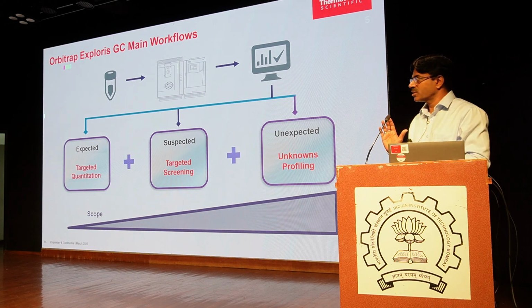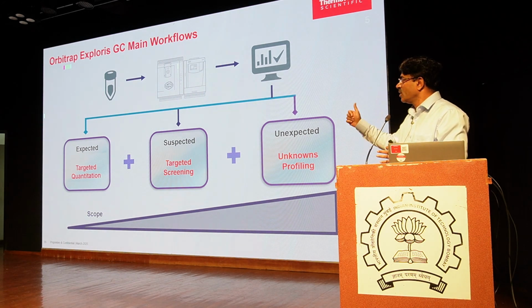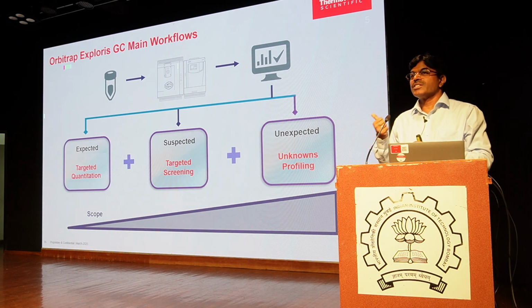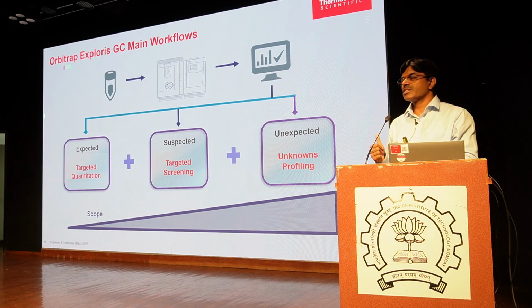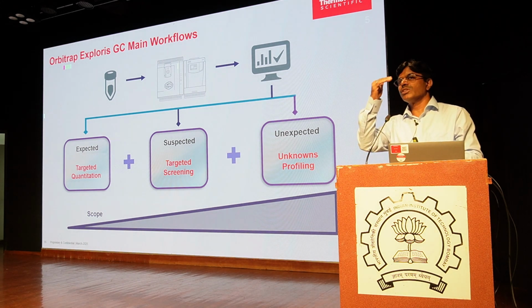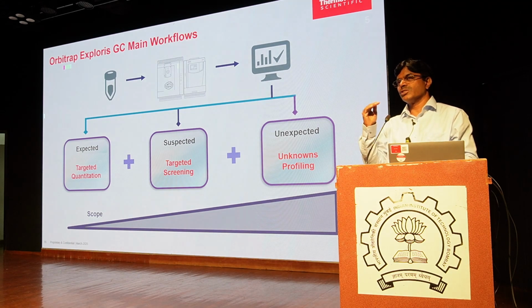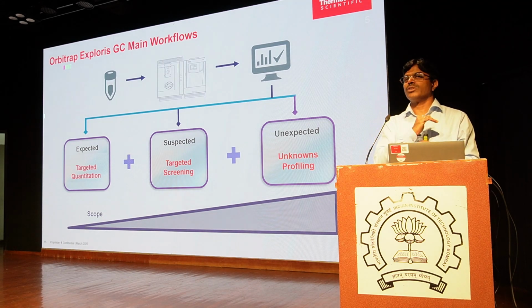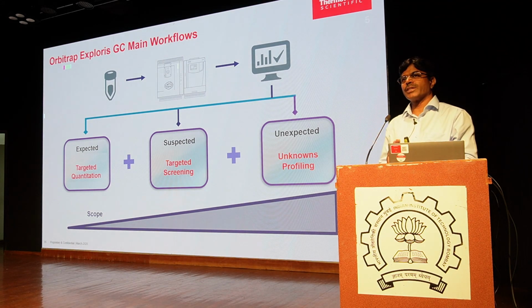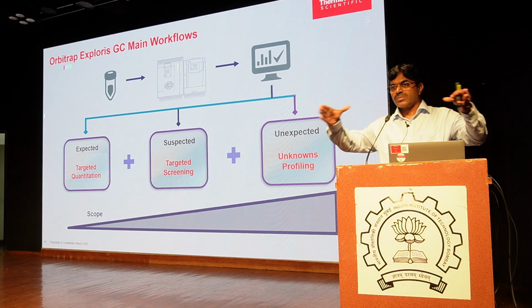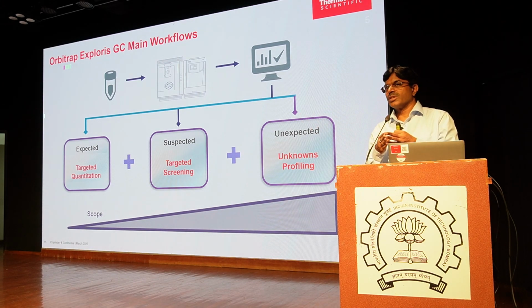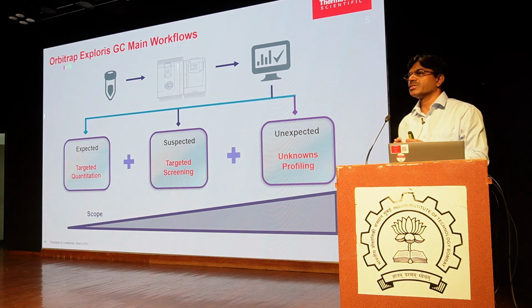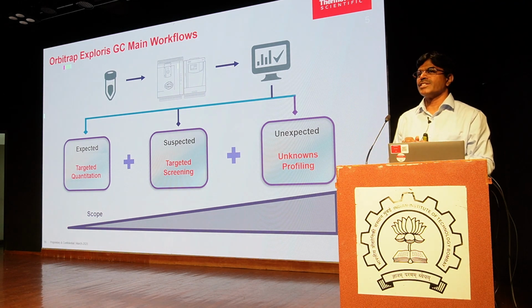So when I'm doing this full scan analysis, I can do all 3 types of analysis within one run. That is expected compounds: I know there are some targeted lists, and I want to find out those targeted lists, like your triple quad. Then suspected compounds: I have a database of 100, 200 compounds, and I can screen against the database and find whether those compounds are present or not.